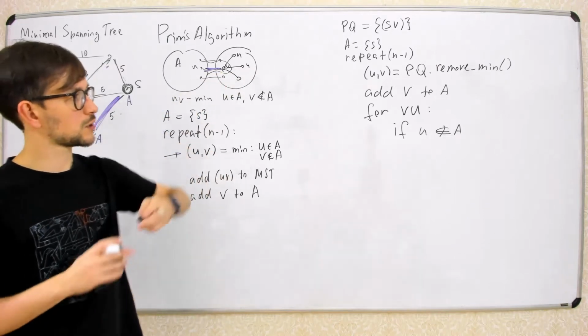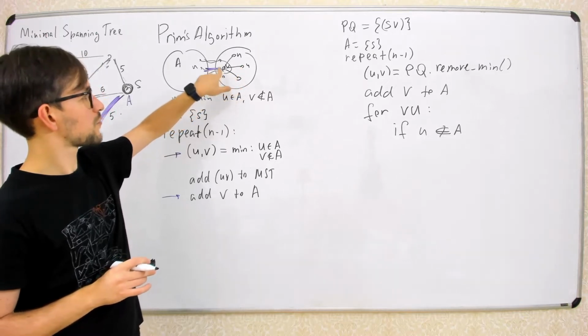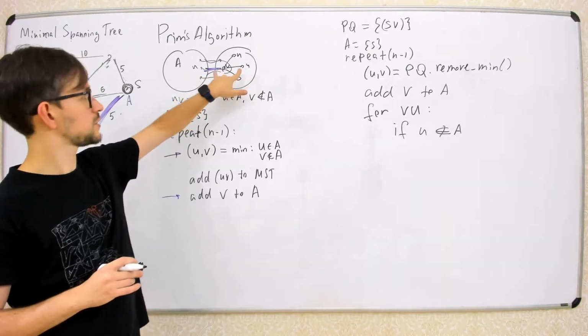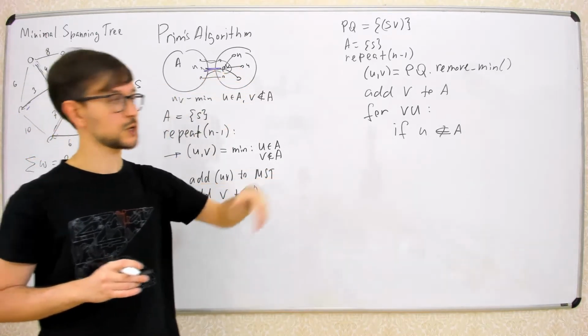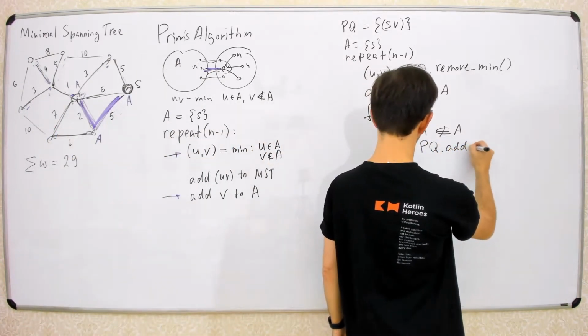Because, again, before we had V not in A, U not in A. And now we have V in A, U not in A. So this edge should be put into the priority queue.